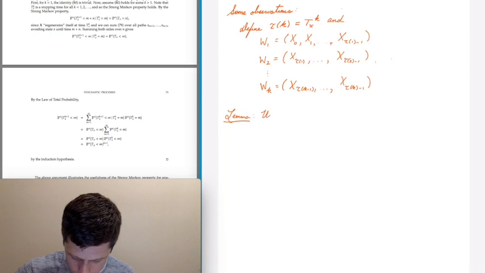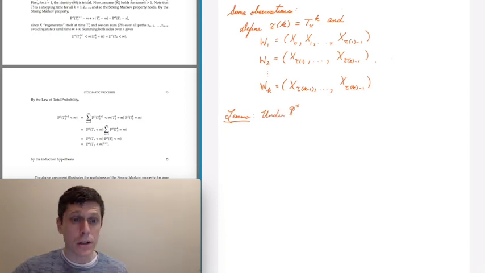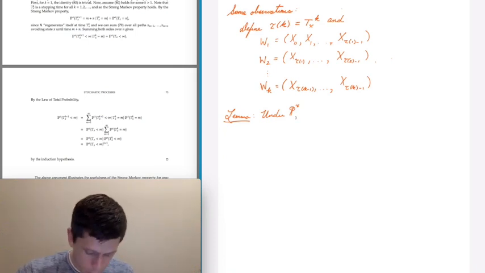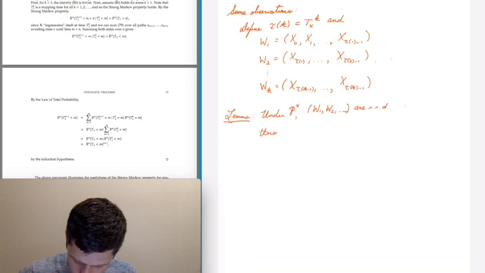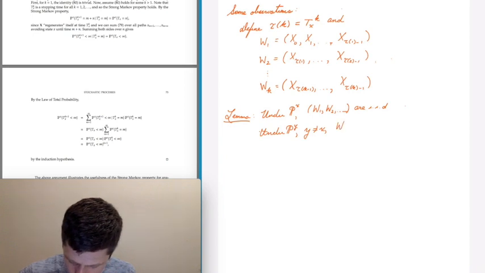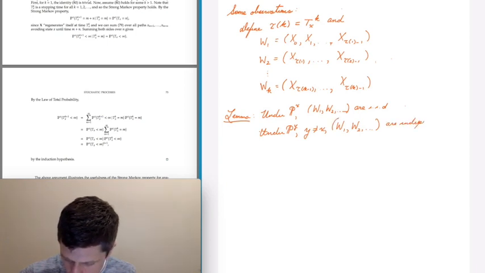First is that under initial distribution px, so if we start the chain in state x, these words are IID, and under py, for y not equal to x, they are independent, and from W2 onward, they're identically distributed.